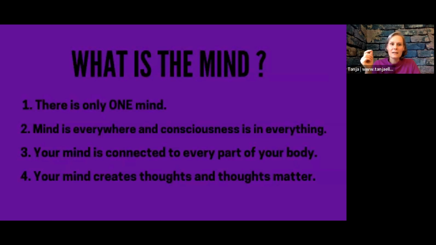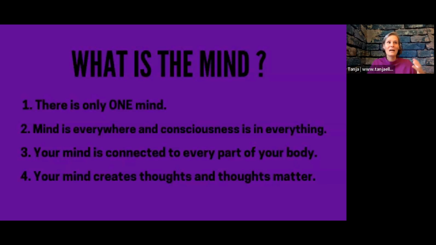The second concept that we need to understand is that the mind is everywhere and consciousness is everything. That is something that can sometimes get difficult, because we only have our human view. We look at ourselves and understand, yes, I am conscious and I can think, but we do not mostly attribute this consciousness to other beings.